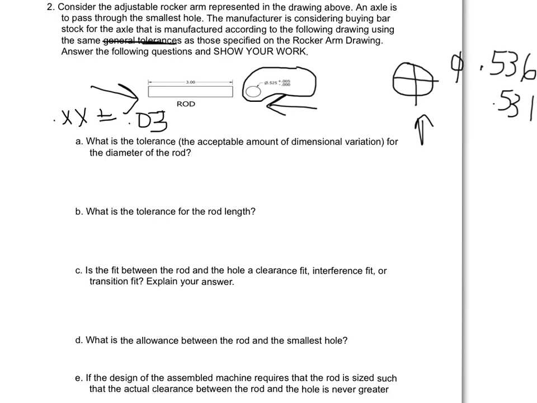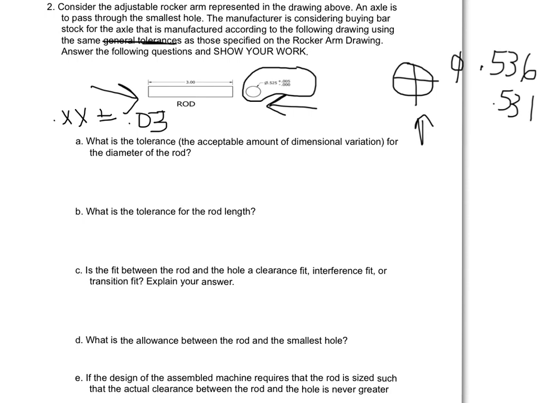So the first question is, what is the tolerance, the acceptable amount of dimension variation for the diameter of the rod? To get the acceptable amount, you're going to figure out what is the biggest rod you can have. What's the diameter of the biggest rod? So you add 0.005 to 0.525.